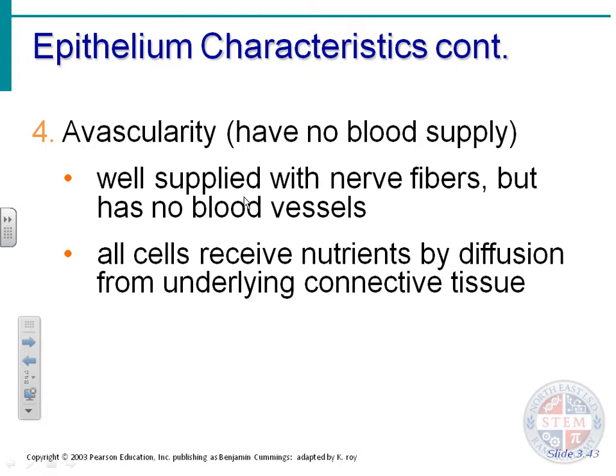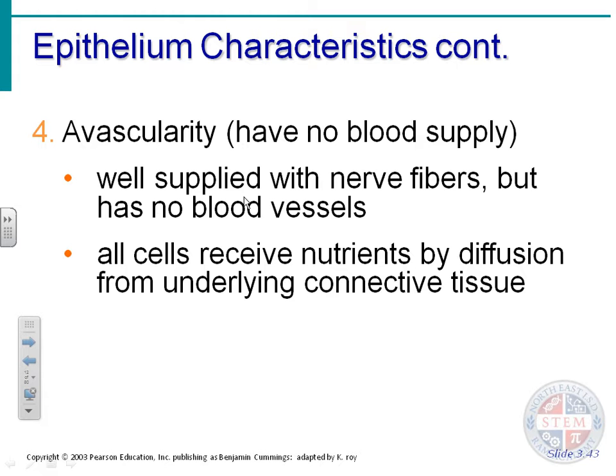It's avascular, but it's very well supplied with nerves. Think about it, your skin is your connection between the outside environment and the internal environment. In order for the central nervous system to know what's going on outside, you've got to have this connection, and the skin is that connection.